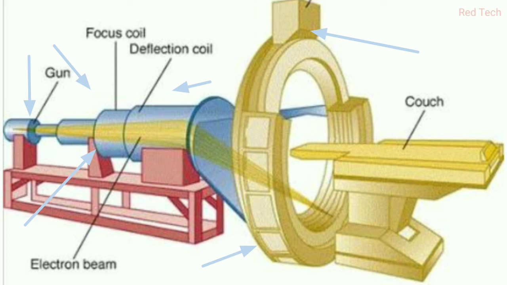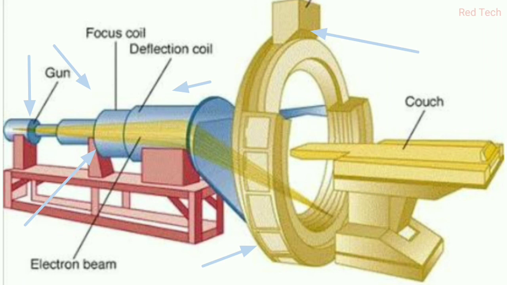In the center you can see the electron beam targeting. Here the four tungsten targets are present, and at a single time four slices can be taken. This machine was basically designed to image the heart and related muscles, to rule out the calcium score in the coronary artery.